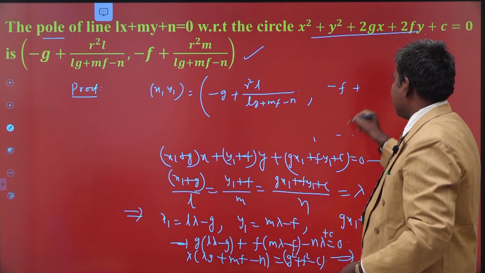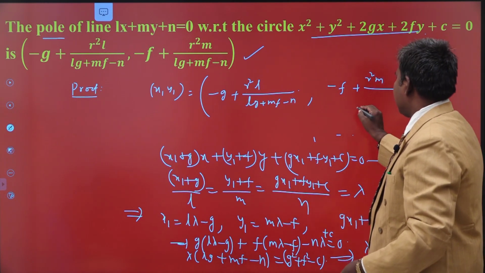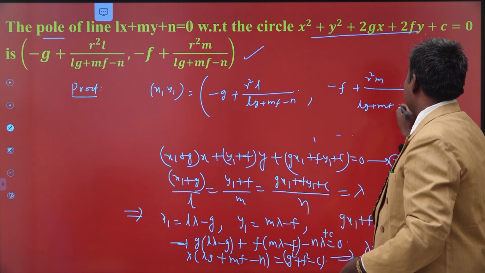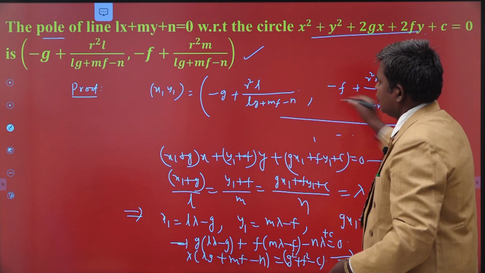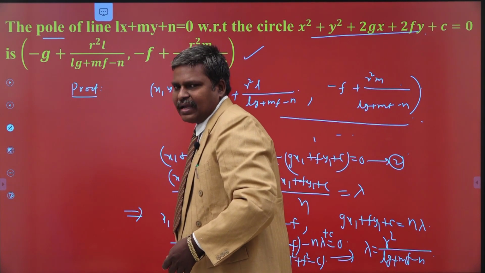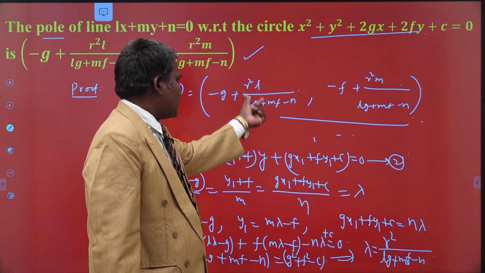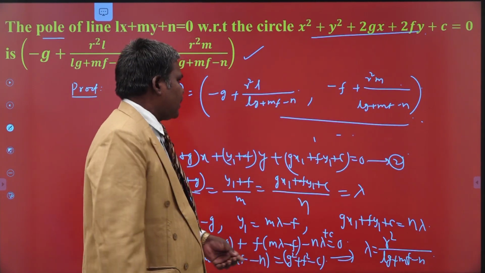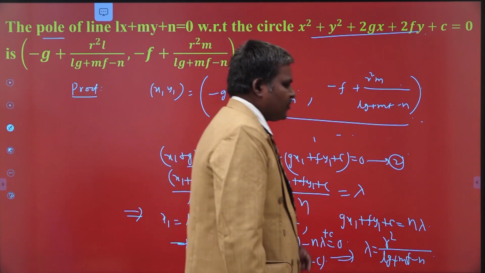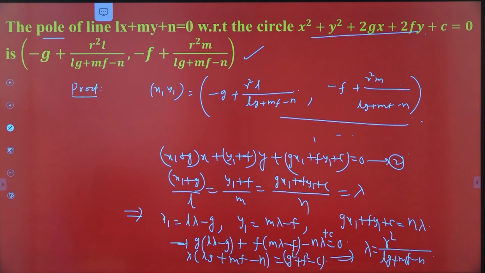Minus f plus r square m by (Lg plus mf minus n). Both are coincident. So in this manner we can prove that the pole of line Lx plus my plus n equal to 0 is: minus g plus r square L by (Lg plus mf minus n), comma minus f plus r square m by (Lg plus mf minus n). So this is the pole formula.